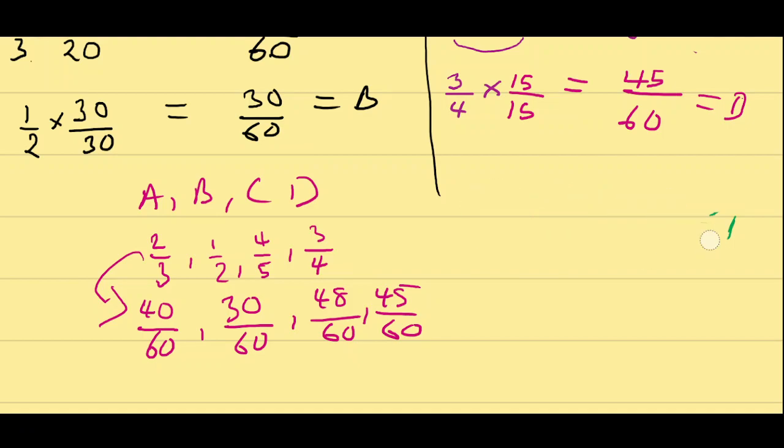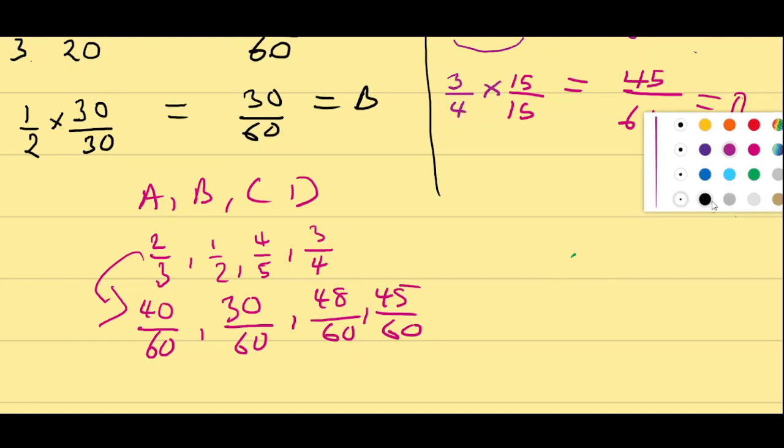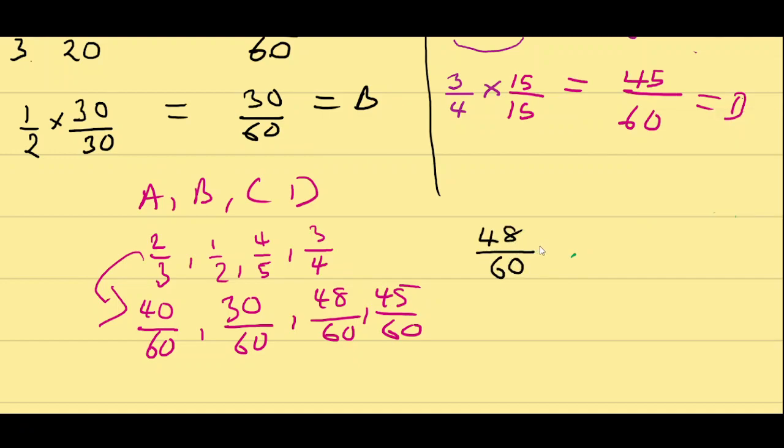We know that 48 is the biggest. So let me put that in a different color. So 48 is the biggest. So we now have 48 over 60 first, and then the second biggest is 45 over 60.